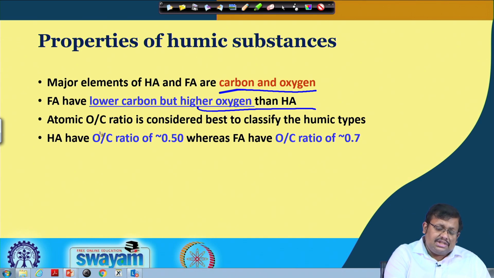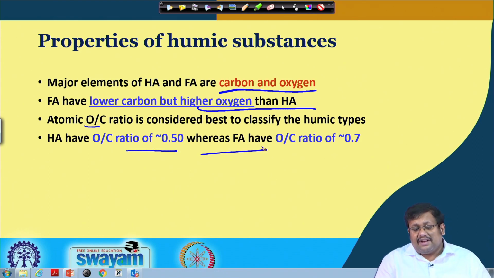Among the atomic ratios, the O by C ratio is considered as the base. In humic acid, this OC ratio is around 0.50, whereas in fulvic acid the OC ratio is more, around 0.7, because the oxygen content is more and the carbon content is less than in humic acid. So, depending on this OC ratio, we can differentiate humic acid from fulvic acid.